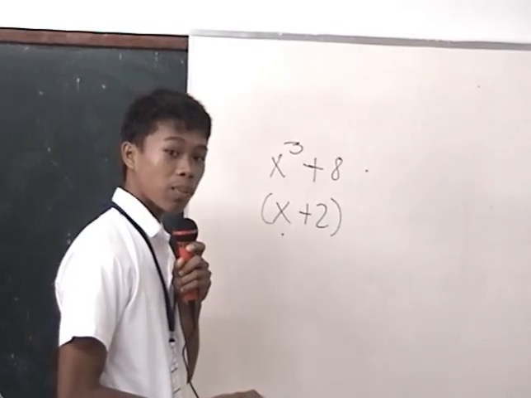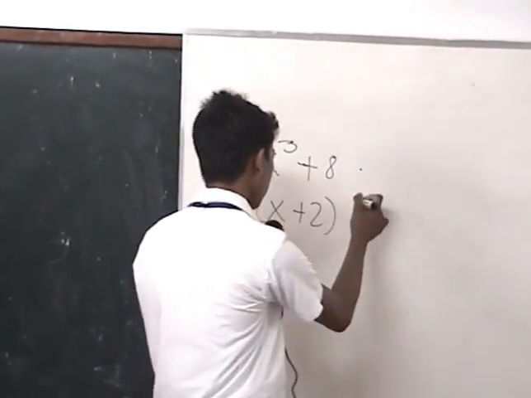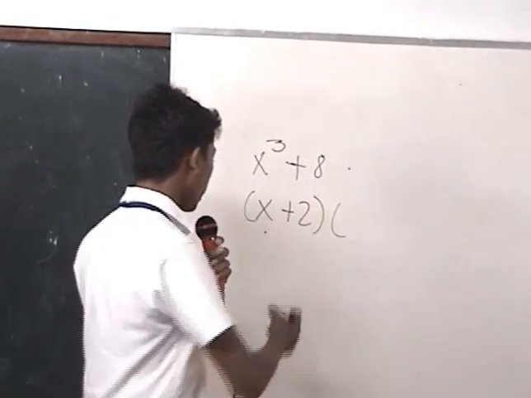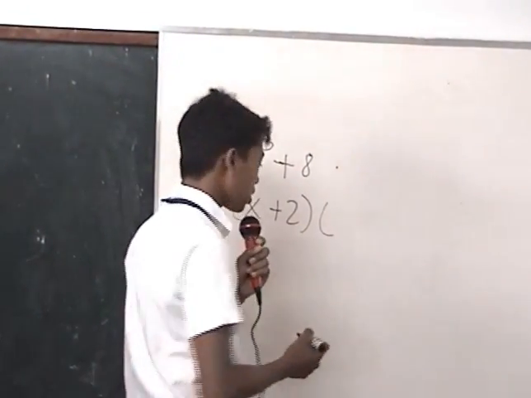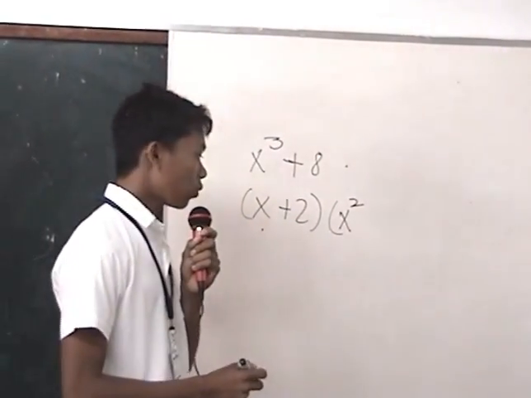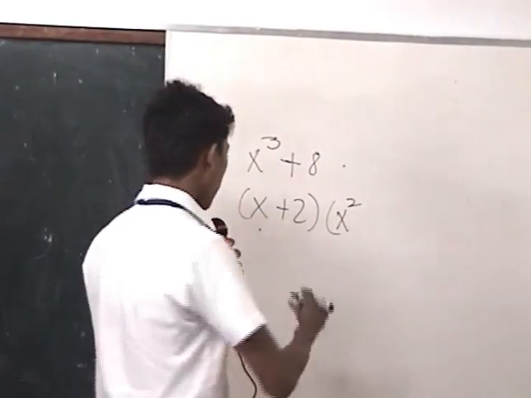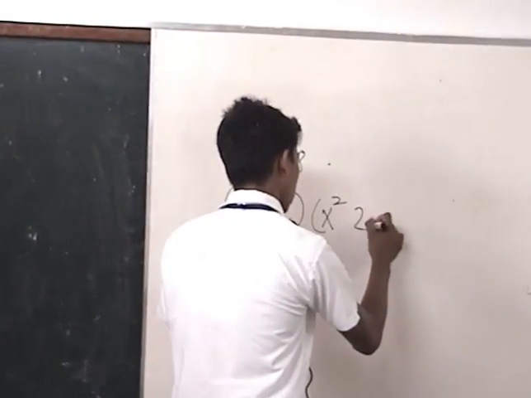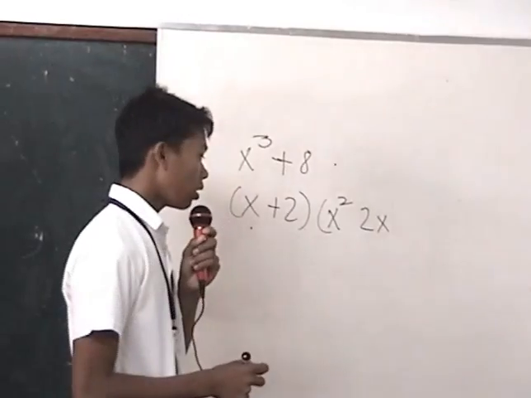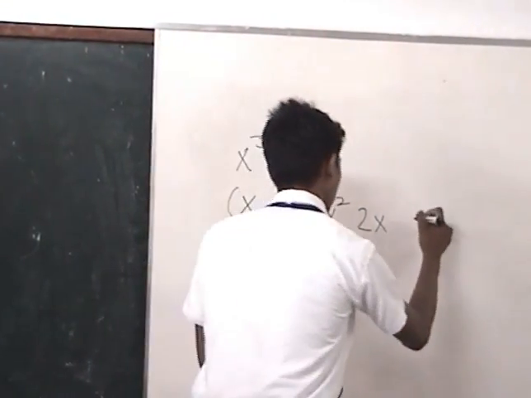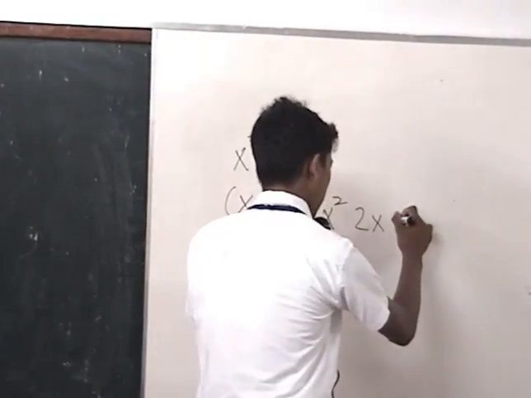The second factor must be a trinomial. To find the first term, multiply x by itself, so x squared. Then, to find the middle term, multiply x by 2, so it must be 2x. Then, multiply 2 by itself, so it is positive 4.